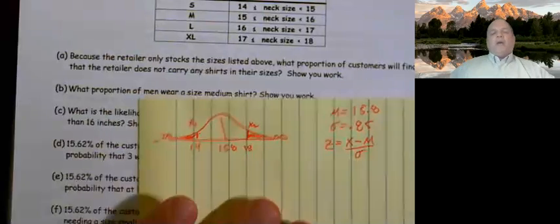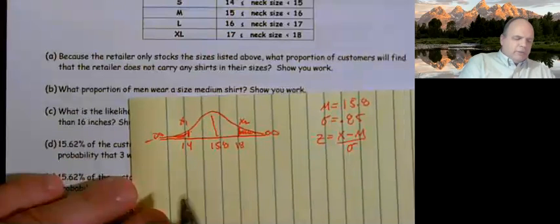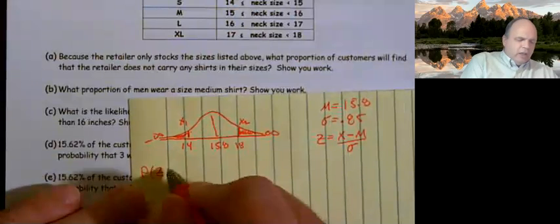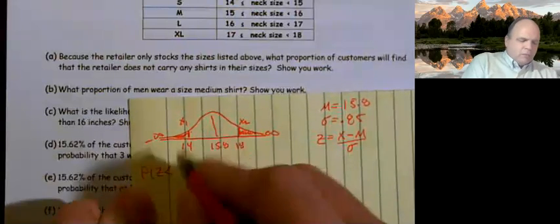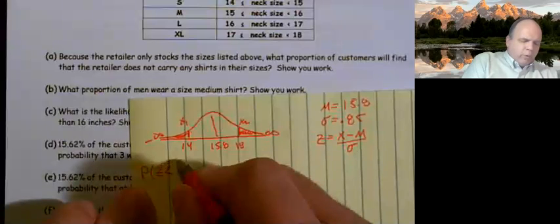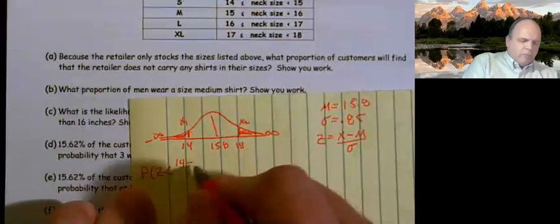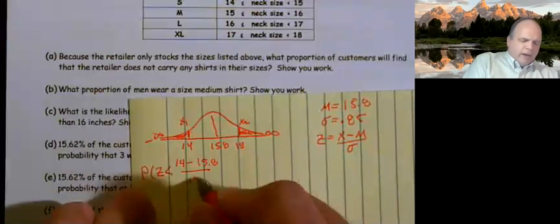My way is I'm going to have to do this twice. So in this case, the probability that z is less than 14 minus 15.8 over 0.85.